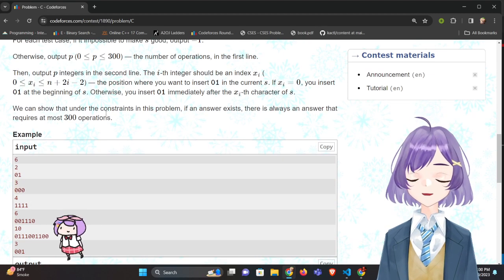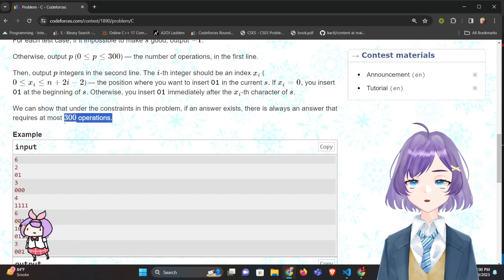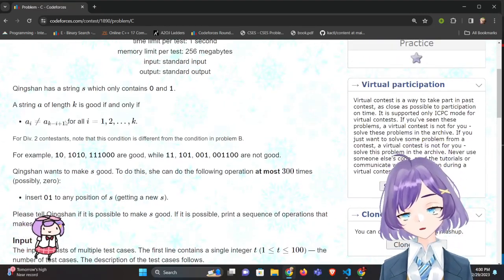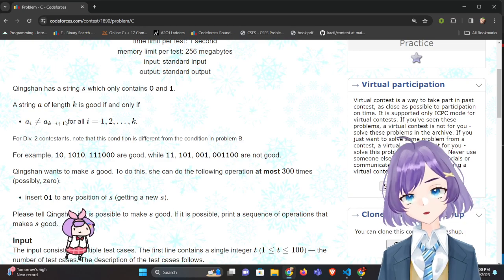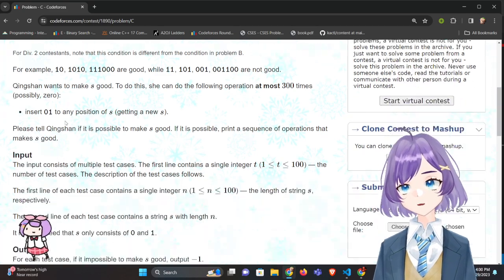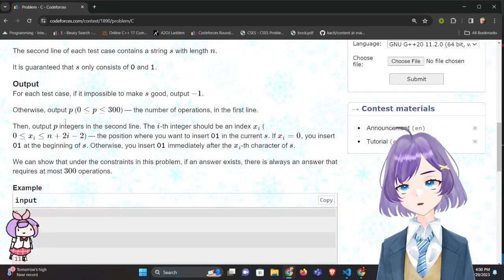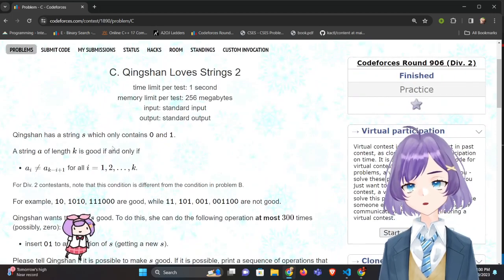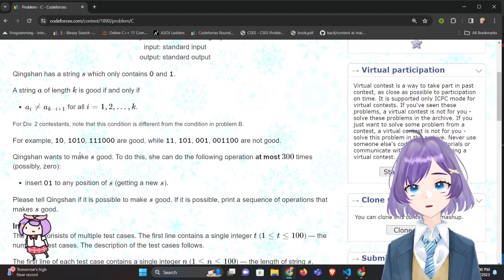Oh, so I don't have to care about the 300 thing. A of I is not equal to A of k minus I plus 1. A string A of length k is good.